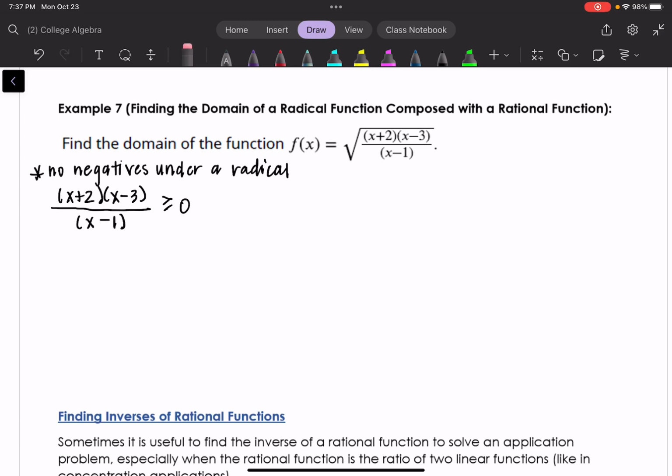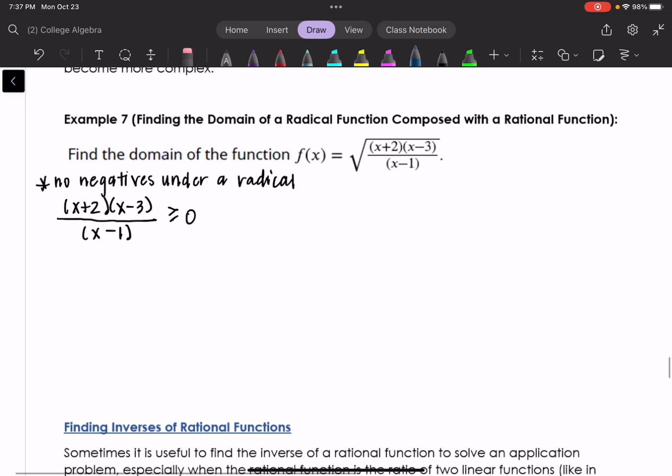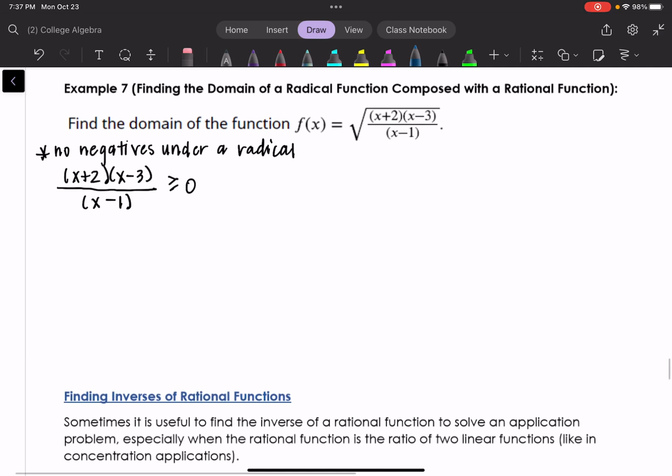And this is interesting because we're going to have to really think about this. What we learned in the last section is that rational functions can behave kind of crazy around their intercepts and especially their asymptotes.